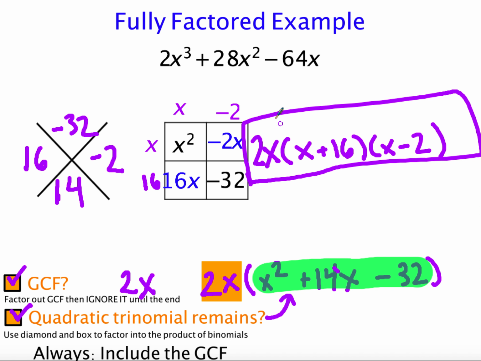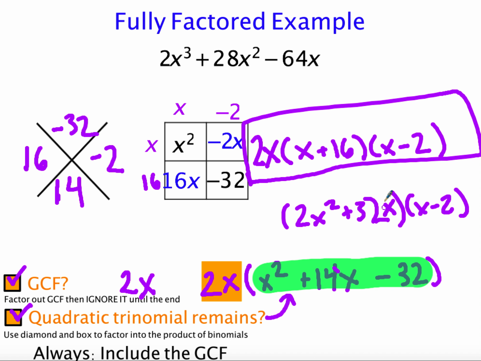The easiest way to check this is to use the distributive property for 2x times x plus 16, which gives me 2x squared plus 32x times x minus 2, and then use the distributive property again. And you'll see that you end up with 2x to the third minus 4x squared plus 32x squared minus 64x.